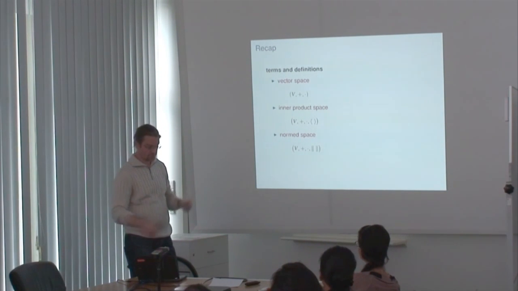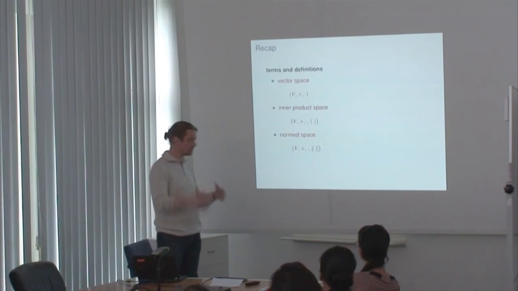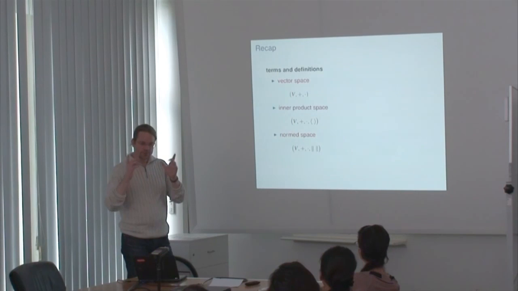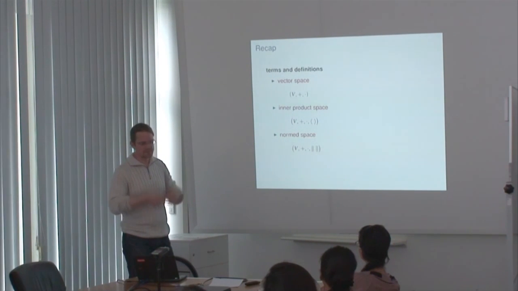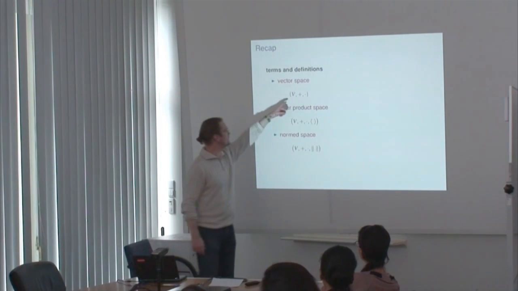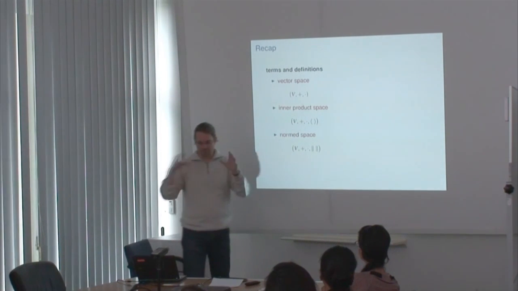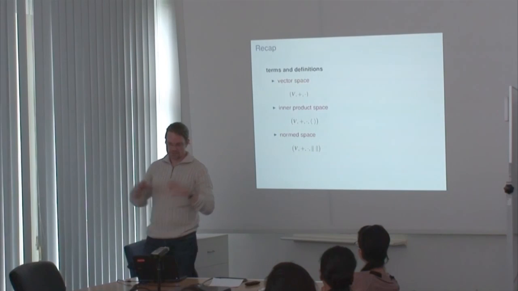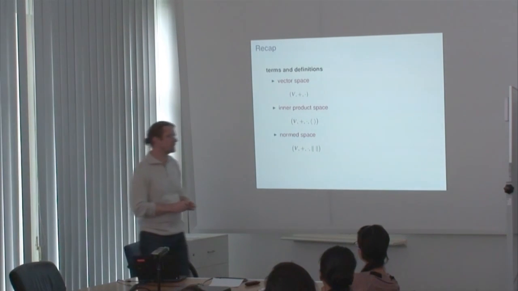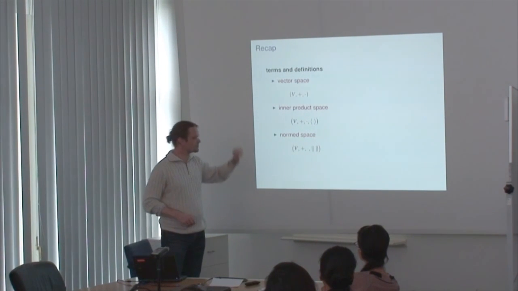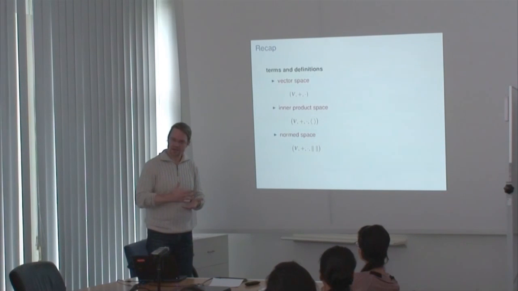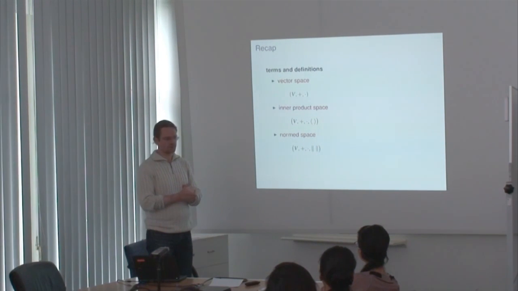A couple of axioms with respect to addition and with respect to this operation of multiplication. And whenever we are considering some set V for which there is something like an addition and something like a multiplication, and these operations of addition and multiplication meet all these axioms we have been discussing, then we are considering a vector space, right?